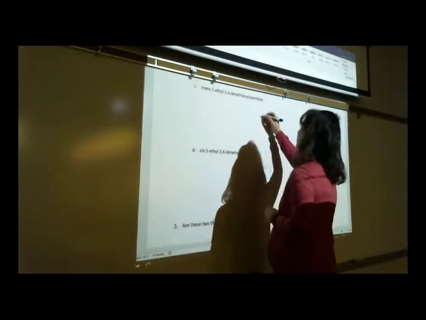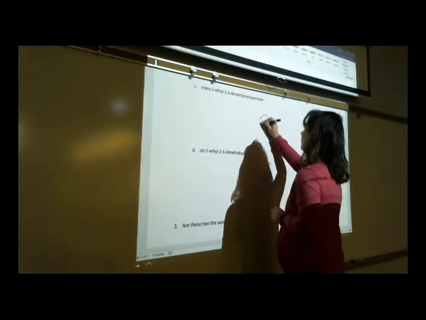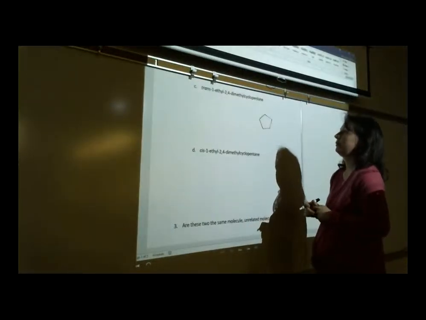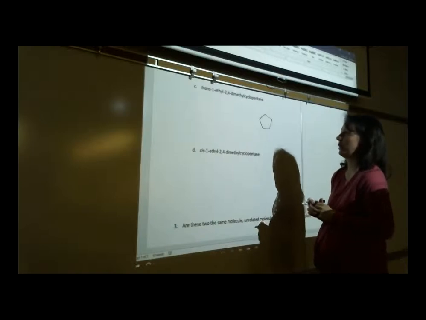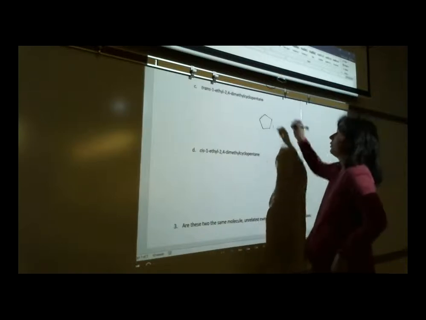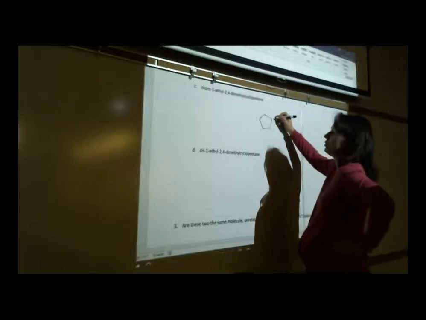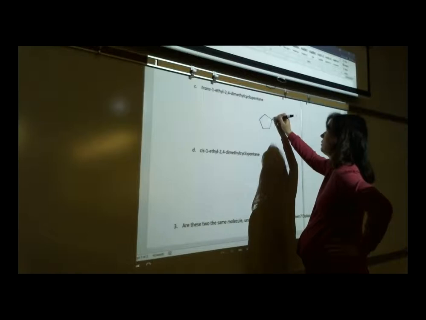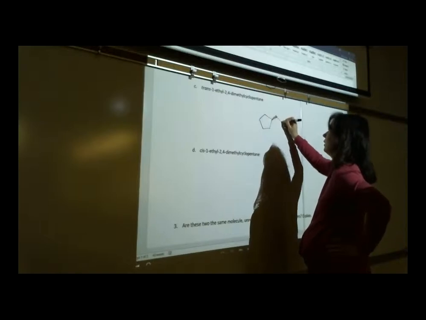Okay, this is a cyclopentane, so this is 5, and it's trans. So what does that mean? There's both dashes and wedges, right? So let's just pick arbitrarily what we want to do dashes and what we want to do wedges. 1 ethyl, let's do that.